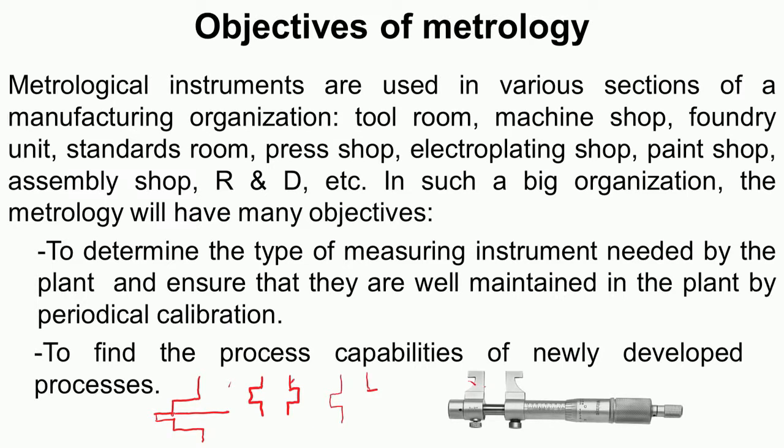So the quality control department will suggest appropriate measuring instruments needed by the plant, and also it ensures that every instrument will undergo some sort of wear and tear due to continuous usage. At regular intervals we need to inspect all those instruments to check whether there is any wear.